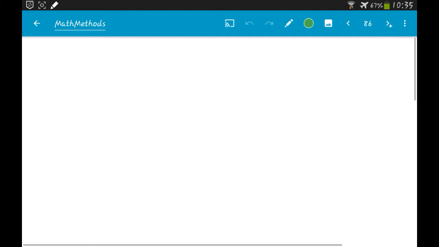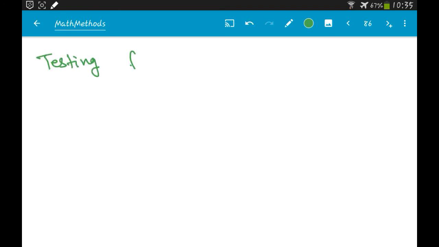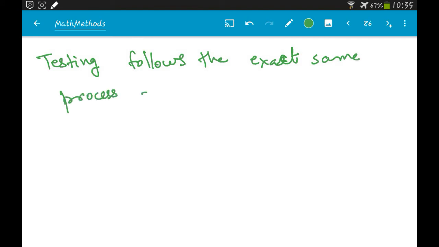To reiterate, testing follows the exact same process. Nothing new.